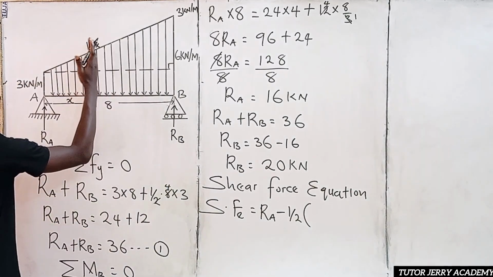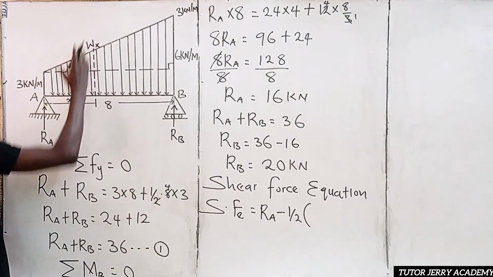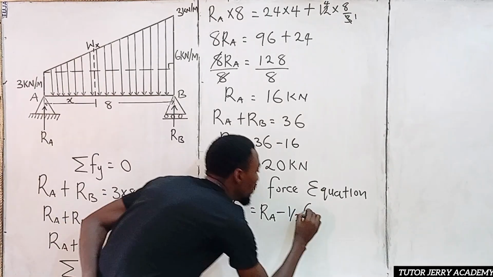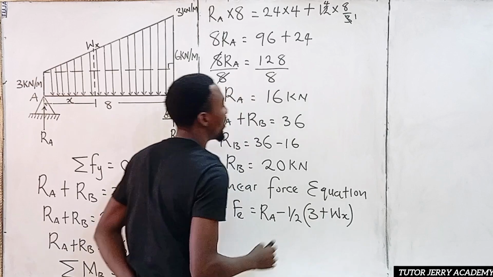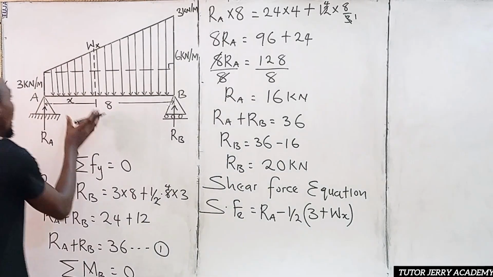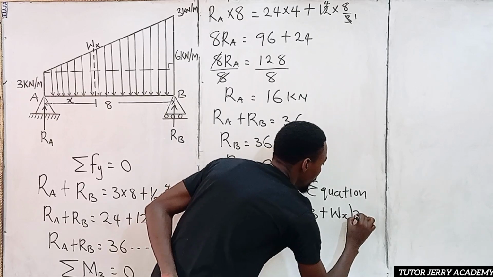If we stand here, this place is 3, while this whole place is WS. So we are going to say 3 plus W subscript S, multiplied by the height. The height of this trapezium is S.